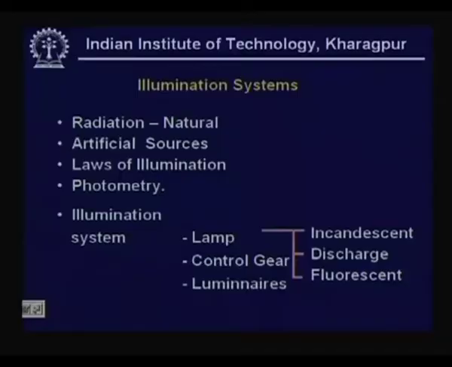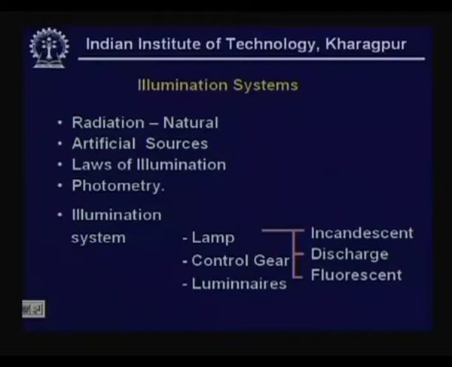So, having done so much, we look at what should comprise an illumination system. The illumination system therefore comprises three major things. One is the lamp, which is the artificial source of light, which could be using one of the four physical processes that we have studied.